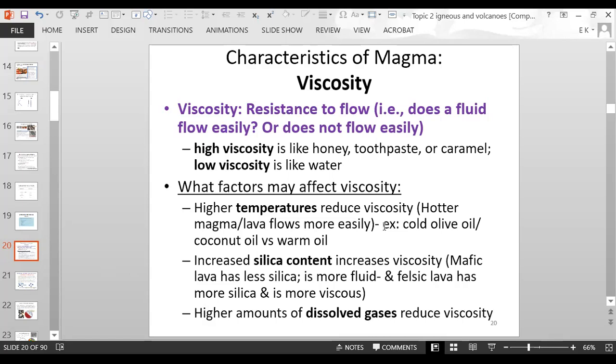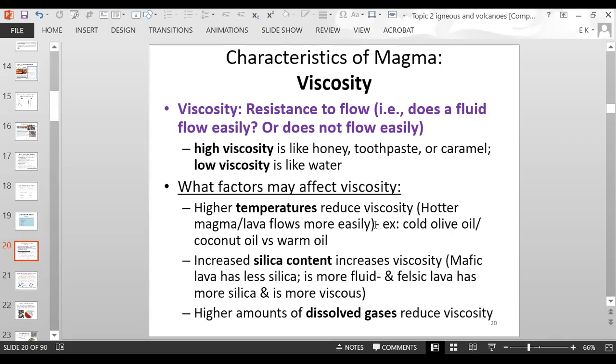A food example would be like cold olive oil or cold coconut oil, which actually turns into more of a solid material, but it's not really solid, versus warm oil, which flows more easily. You'll notice a lot of my examples for geology actually are food examples.